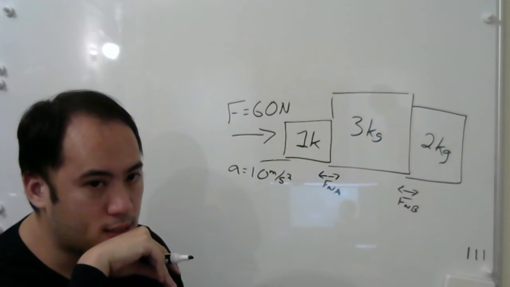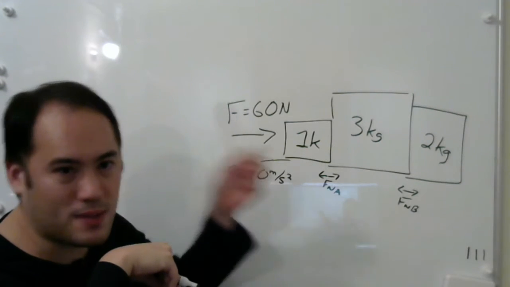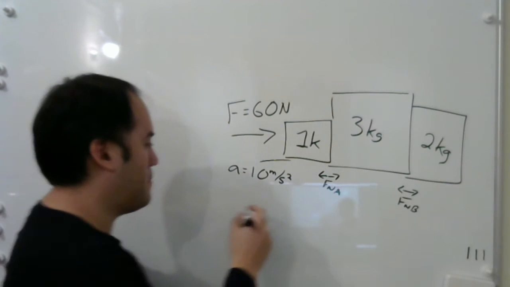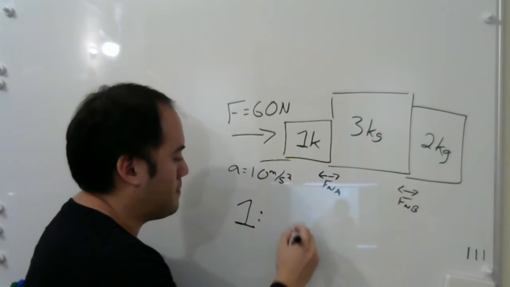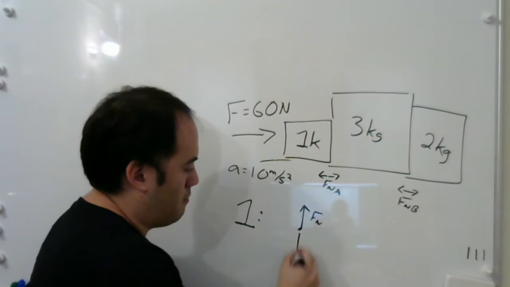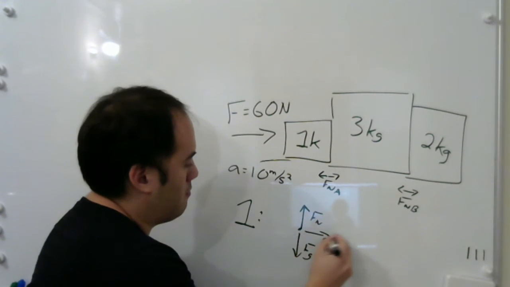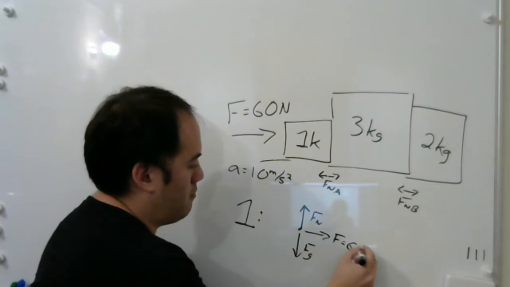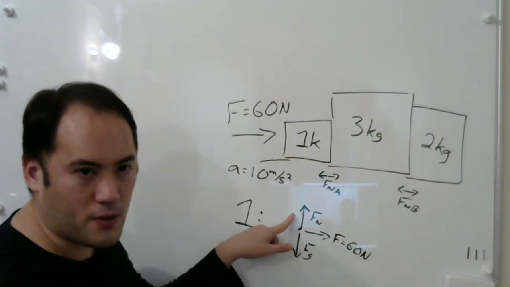Now, look at just block 1. Obviously block 1 is this one. So just for block 1, draw the free body diagram. Fn, the upward force from the ground.